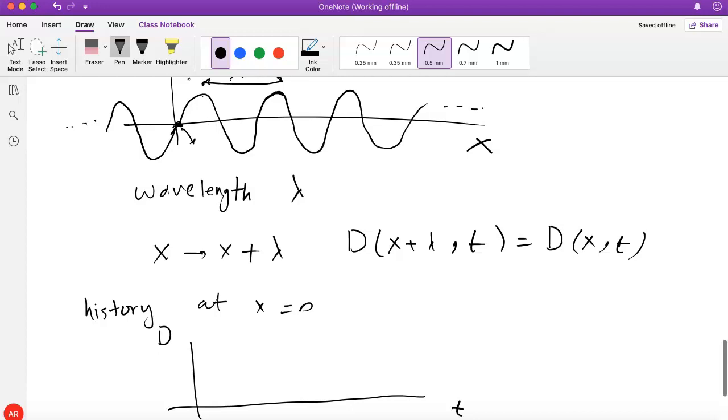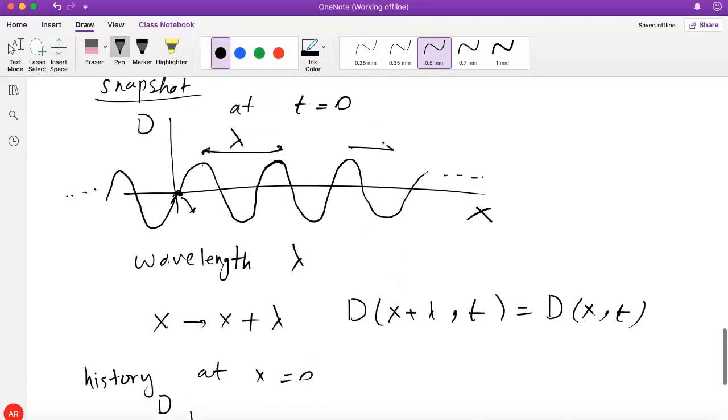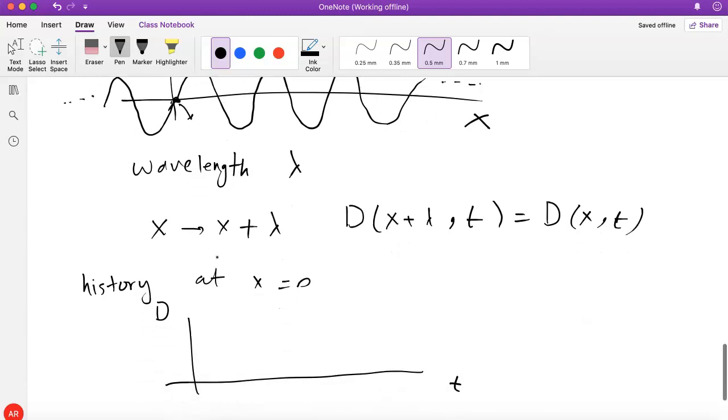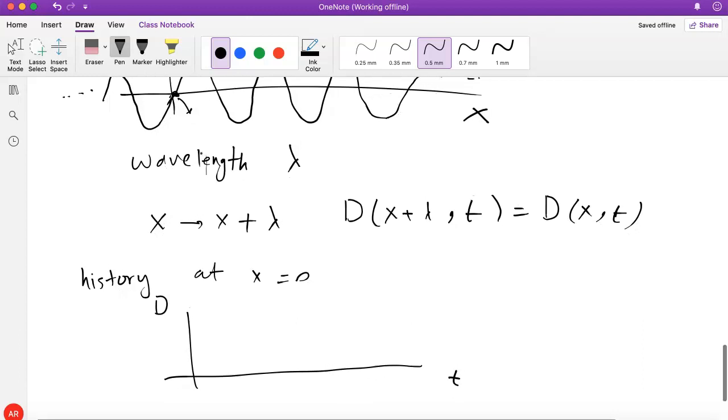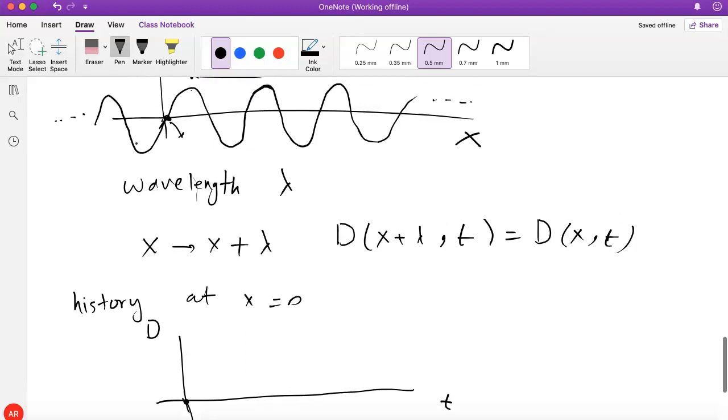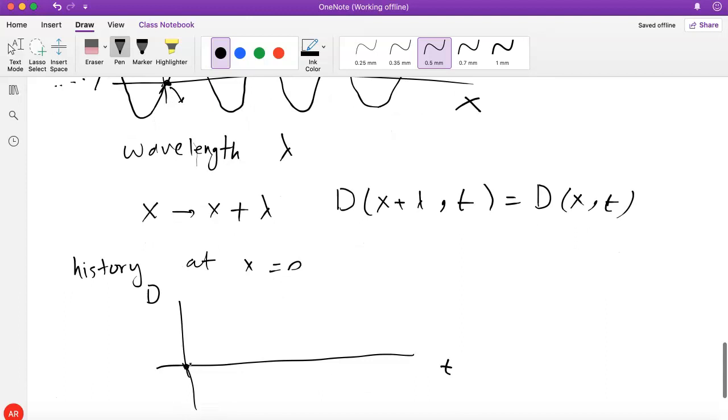The same thing shifts by speed v. It's moving this way. So a little bit later, I'm going to see these displacements over here. As time goes on, I see those. And then this is just simple harmonic motion.